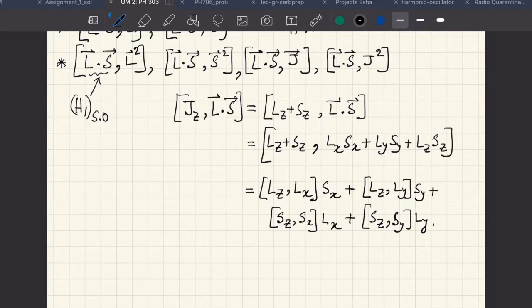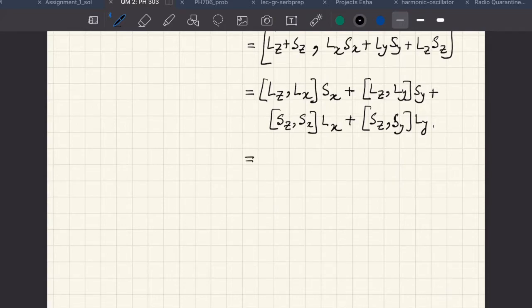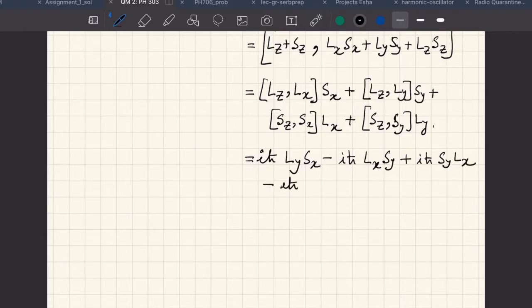So therefore this is going to give us i h bar LY SX minus i h bar LX SY plus i h bar SY LX minus i h bar SX LY. So they get cancelled simply because LY and SX do commute with each other.